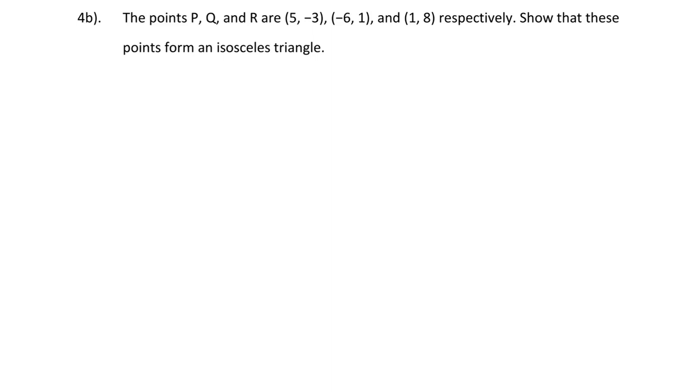Now to show this, we are going to use the distance formula in order to find the distances between the points, and then we are going to see if we have equal values. So we are going to sketch a triangle and label the values as given from the question. So we are sketching our triangle.